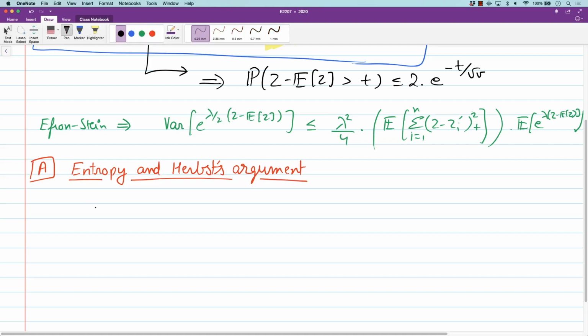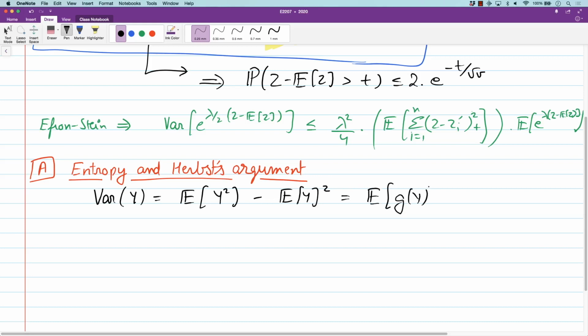Remember that the variance of Y is the expected value of Y square minus the expected value of Y whole square. So you can write it as the expected value of g of Y minus g of the expected value of Y, where g is the convex function g of x equal to x square.